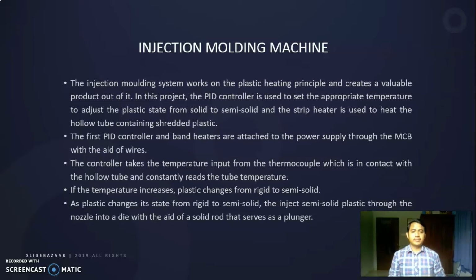If the temperature increases, the plastic changes from rigid to semi-solid. As the plastic changes state from rigid to semi-solid, it is injected through the nozzle into a die with the aid of a solid rod that serves as a plunger. The plastic that is inserted into the die assumes the form of the cavity, that is the shape of the finished good.